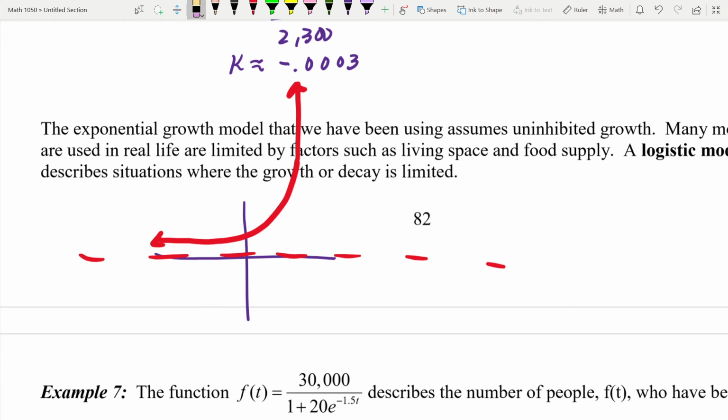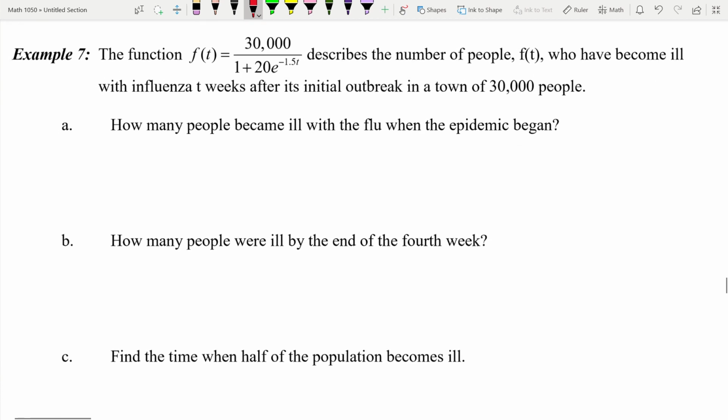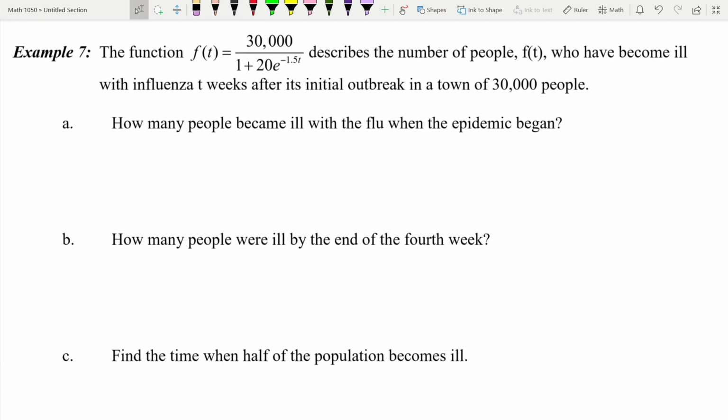So a population is a logistic model, and this is what a logistic model looks like. Look, it flattens out, because there's only so much capacity that we can handle, right? So that's what we're going to deal with right now as a logistic model. Now they give us an equation, which is nice.